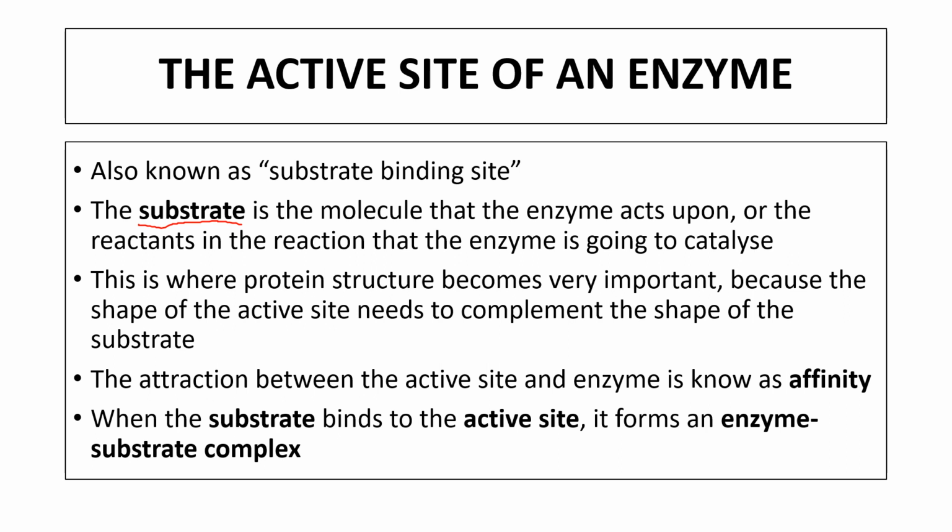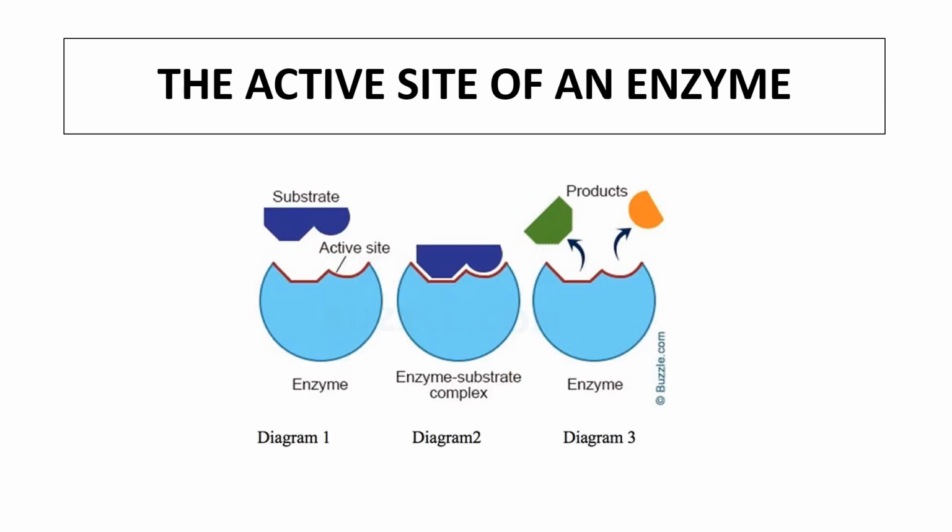The attraction between the active site and the substrate is known as affinity, and when the substrate and the active site bind together, they can be called an enzyme-substrate complex. So they're just some keywords you might see floating around, might want to add them to your glossary. So this is what it looks like in a picture, which I think is a lot more useful than words.